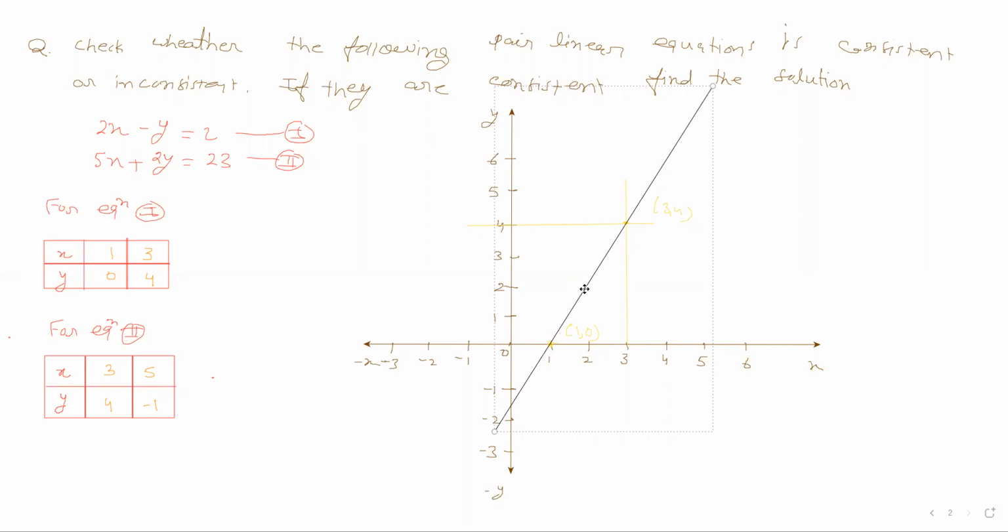Now for the second equation, plot the points that are (3,4), which means the first point is the same, and (5,-1). This is the line of 5, and this is -1.